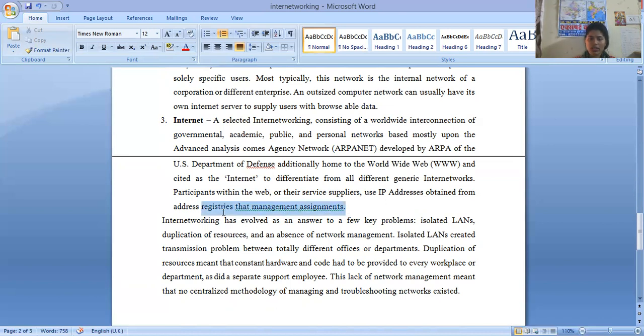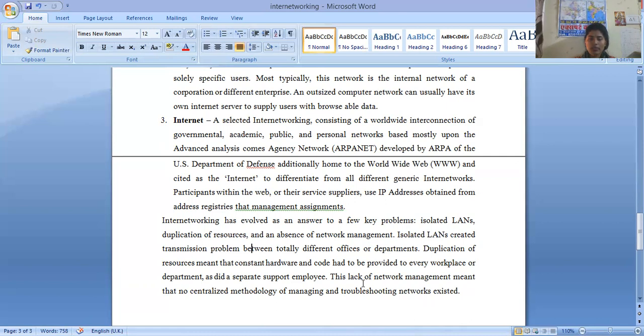Internetworking is also involved as the answer to some problems like isolated LANs, duplication of resources, and an absence of network management. Isolated LANs created transmission problems between different offices of the department.